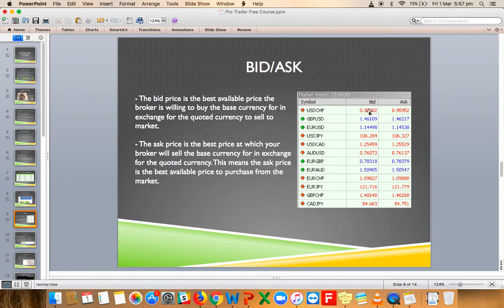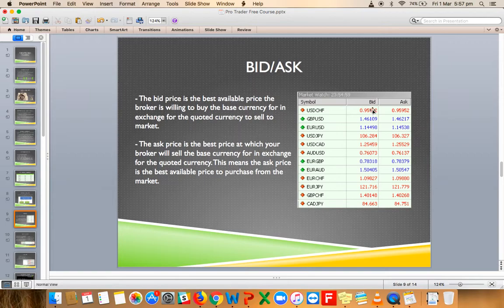Are you seeing it now? If you place a buy on this USD CHF, the broker automatically places that order for you at this rate, the bid, because that is the exchange rate they are able to get from you on the exchanger's platform.